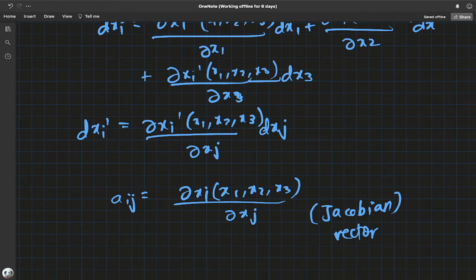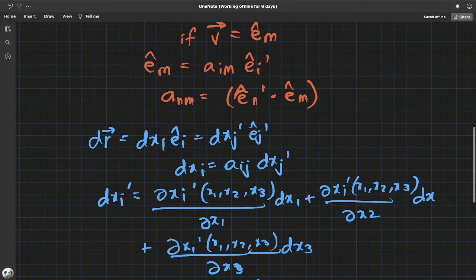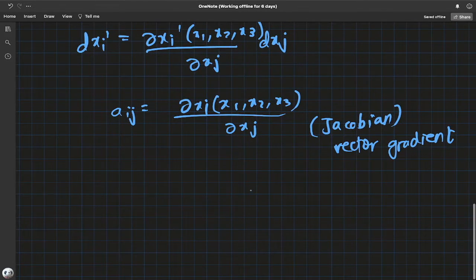I don't care what the indices are, whether they're transposes or not, I'm just saying it out loud. So there's an intimate relationship between these differentials in the unprimed and primed systems. I didn't specify it as Cartesian.